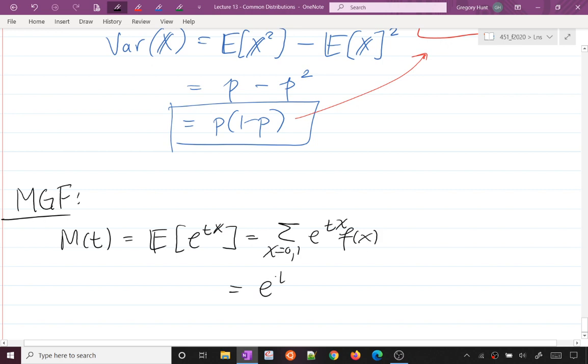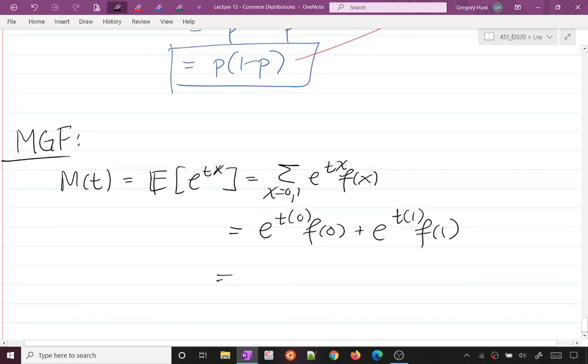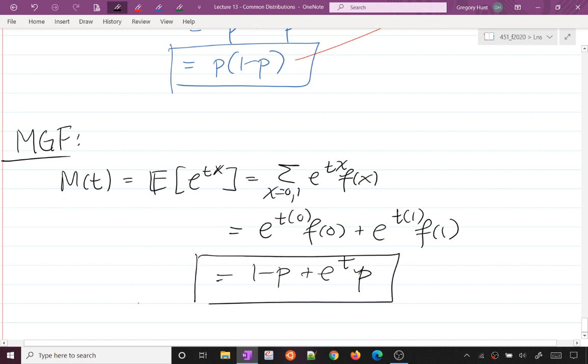So it's e to the t times 0 times f(0) plus e to the t times 1 times f(1). E to the t times 0 is 1, f(0) is 1 minus p, plus e to the t times p. And so that is our MGF for the Bernoulli.